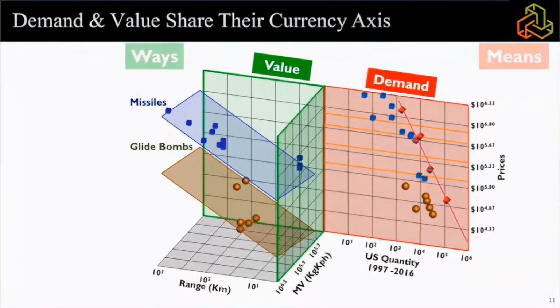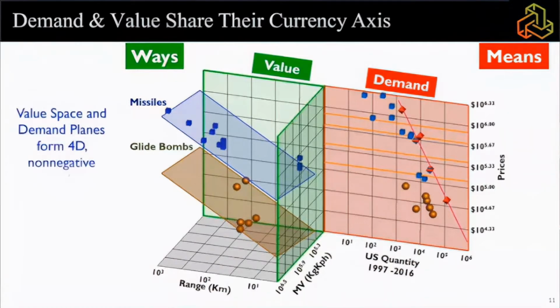And what this means is that there are certain ways in which we measure the value of things, and there are means that we have to fund it. You can consider this to be the Ways and Means Committee, formed by the buyers that buy these products, the Ways and Means Committee of the market. So these form a 4D non-negative system about a common axis. And what that means is that there's an origin.